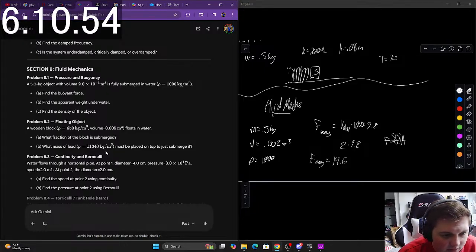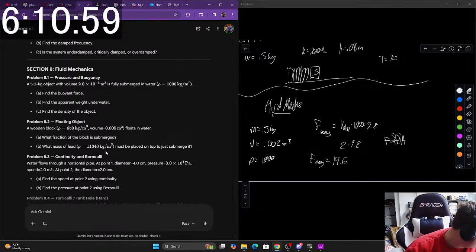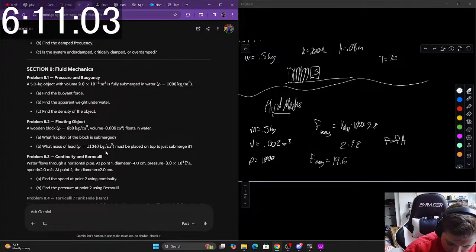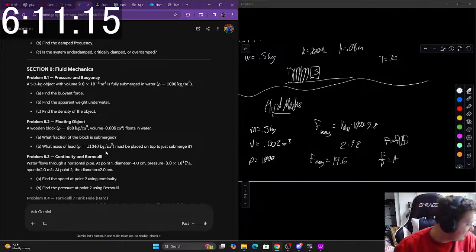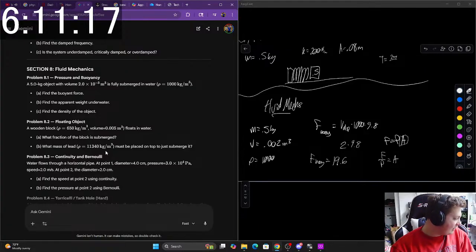Right? The apparent weight. No, that's pressure. But we don't know the pressure. The only way to calculate pressure is by having the density.